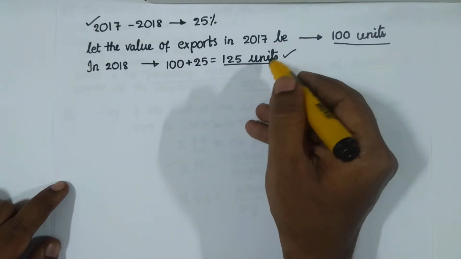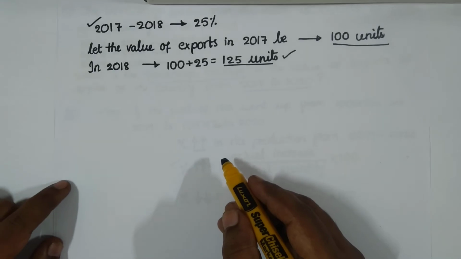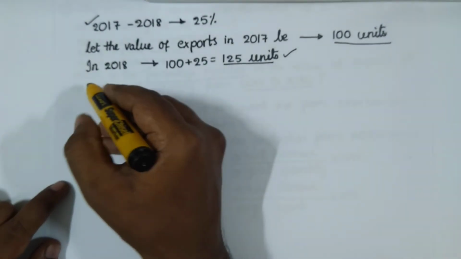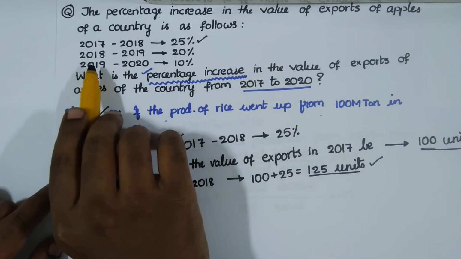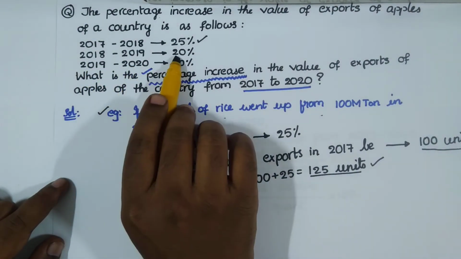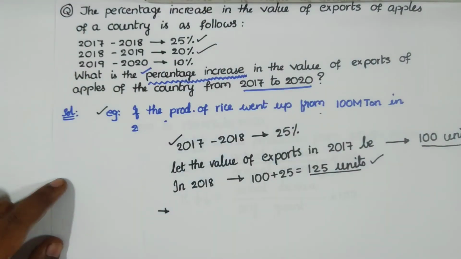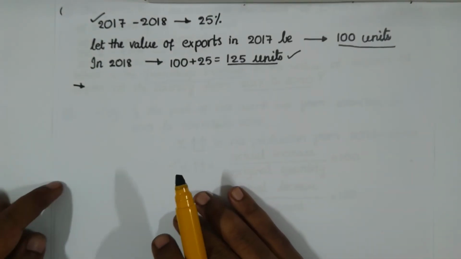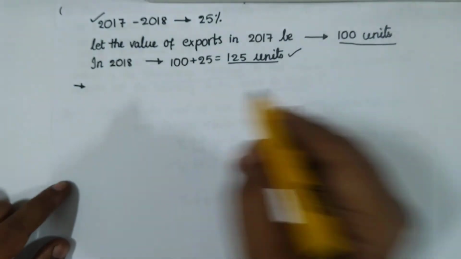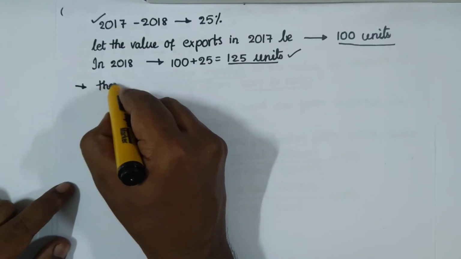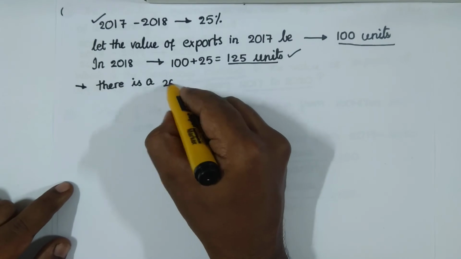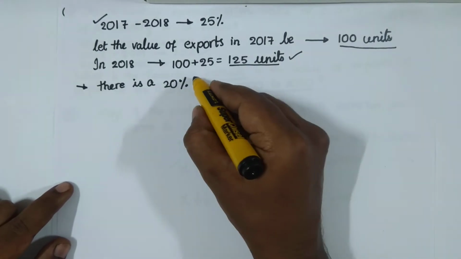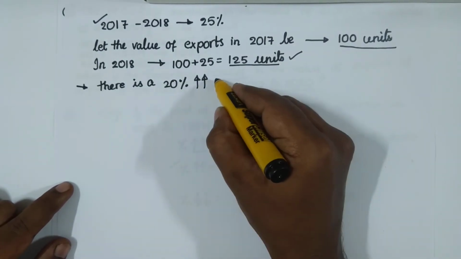All right. Now what you have is a 20% increase. You can see step 2. From 2018 to 2019, there is a 20% increase in the value of exports. Now you can write it like this: there is a 20% increase.